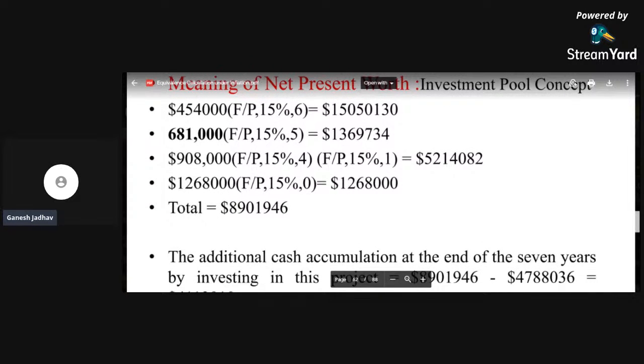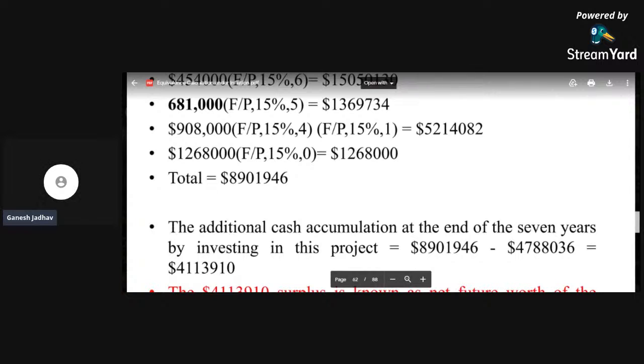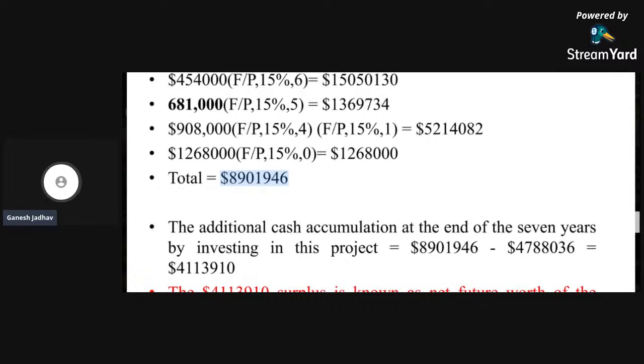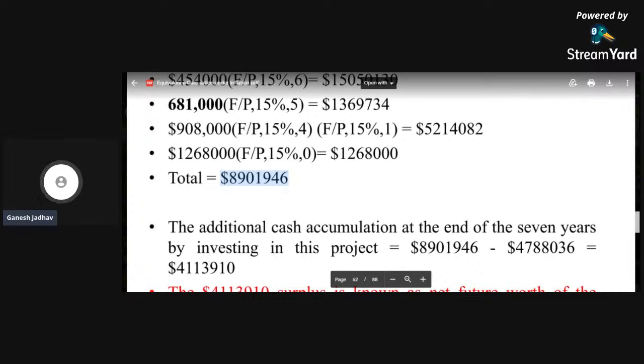At the end of the 7th year, by investing in the project, the total you can earn from that project is 89 lakh 1,946, and the investment, how much was invested by you, is 47 lakh 88,036.